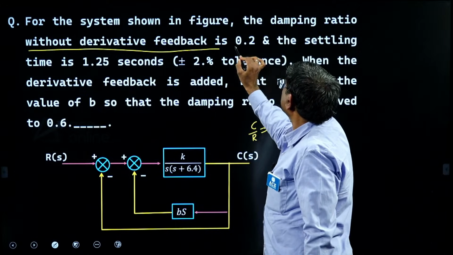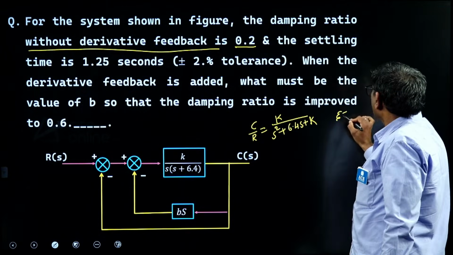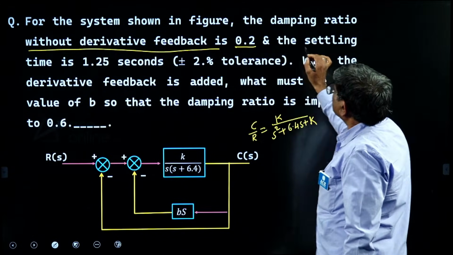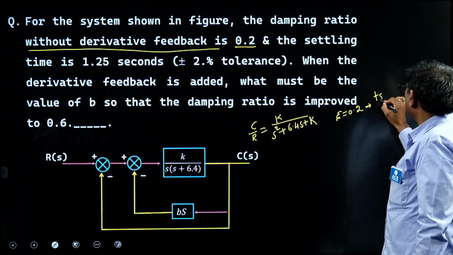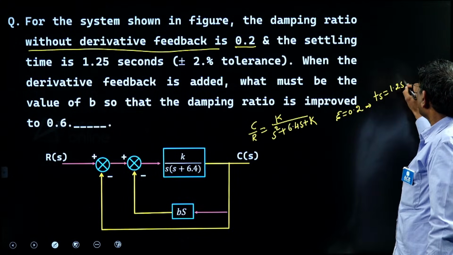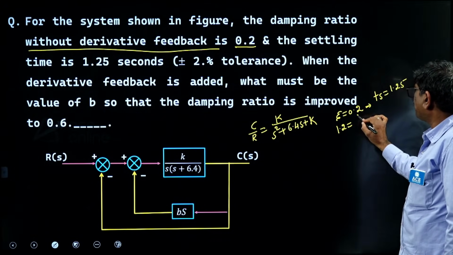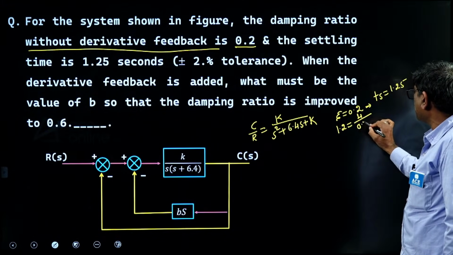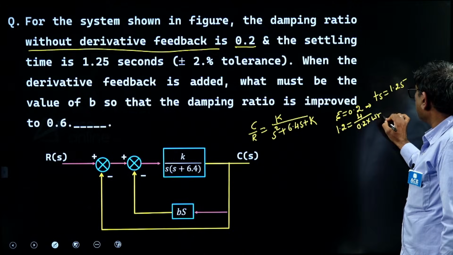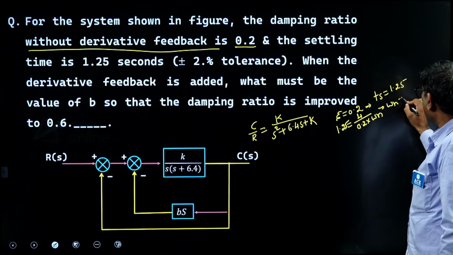So in this case, what is zeta? Damping ratio given 0.2 and settling time TS given 1.25. So 1.25 equal to, for 2%, 4 by zeta omega n. Zeta is 0.2 into omega n. You get the value of omega n directly.